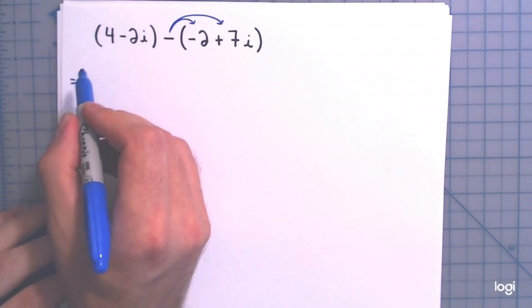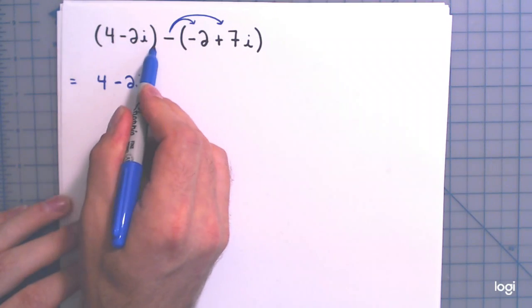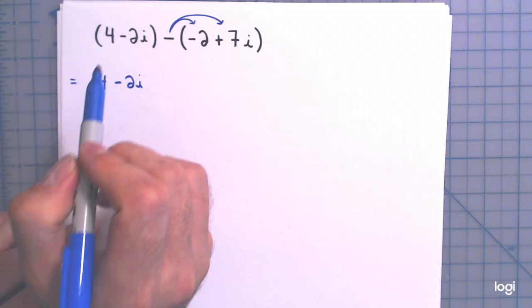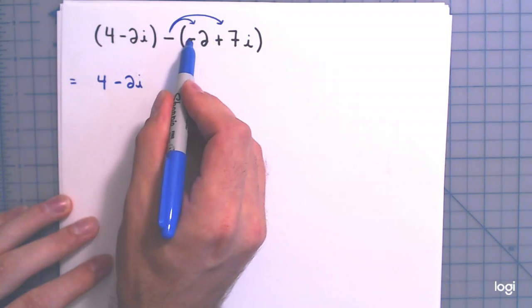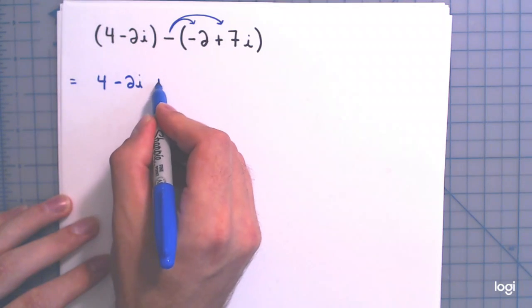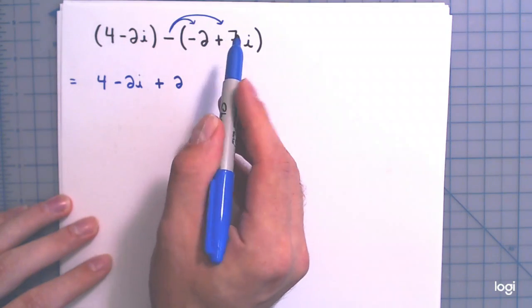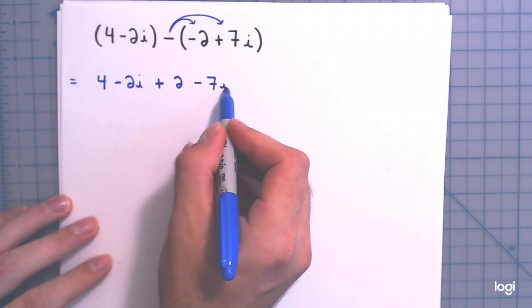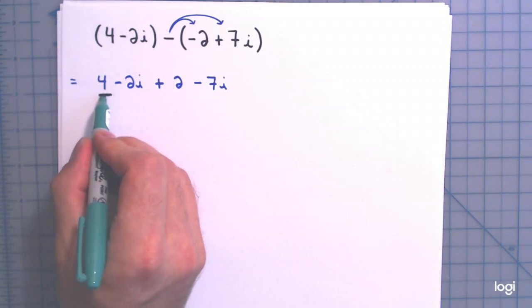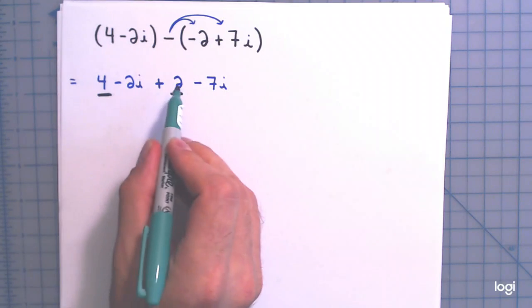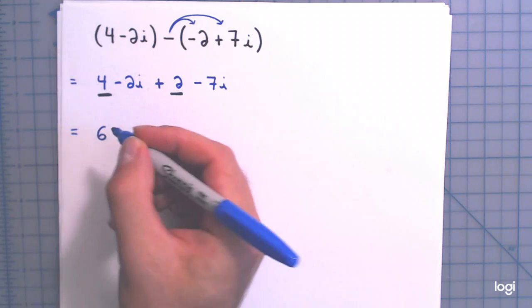And what we have now is 4 minus 2i, which really doesn't need the parentheses around it because there's nothing to distribute in front of that. And then the next term would be minus -2. Minus -2 is plus 2. And then minus positive 7i, or minus 7i. And then just as the last example, I combine the real numbers, the 4 and the 2. 4 plus positive 2 is positive 6.